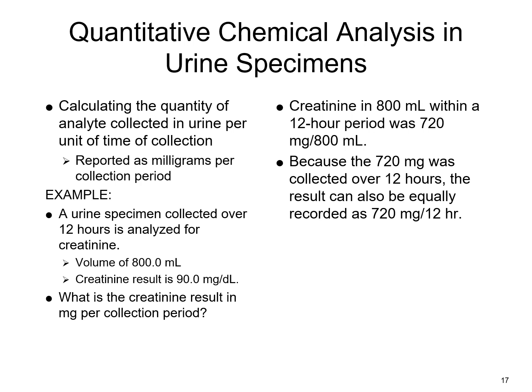We already know that the creatinine in the 800 mLs collected in that 12-hour period was 720 milligrams per 800 mLs. Because of that, we can basically just report that 720 milligrams was recorded and cleared over that 12-hour period.